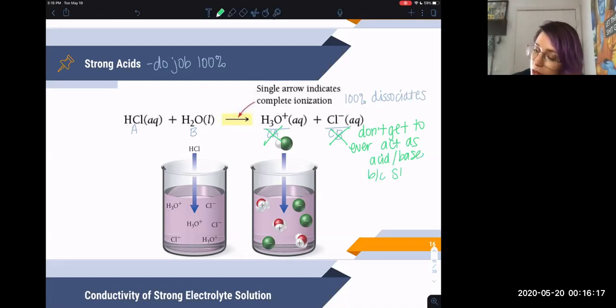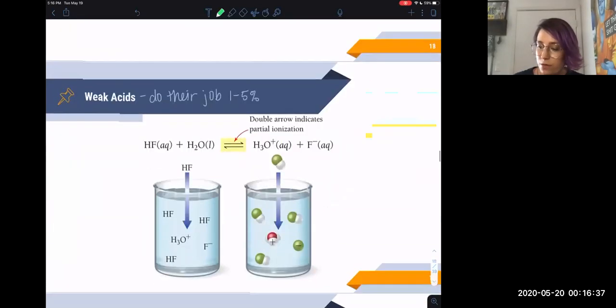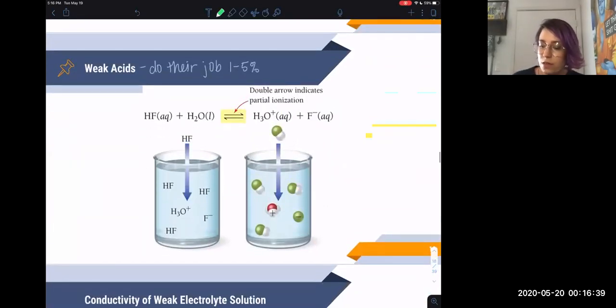Because strong acids and strong bases go 100% to the right. They don't go back and forth. So only if you go back and forth do the conjugates get to do that job. So in this example, this is my acid, this is my base, this is my conjugate acid, this is my conjugate base.